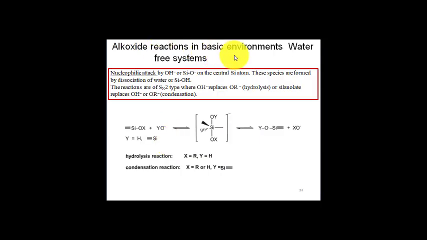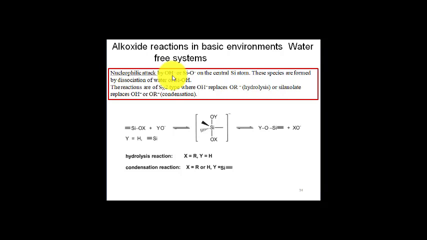Alkoxide reactions can also be carried out in basic environment. They are also water-free systems. In basic environment, if we use a base, for example, hydroxyl, it acts as a nucleophilic attacking group.